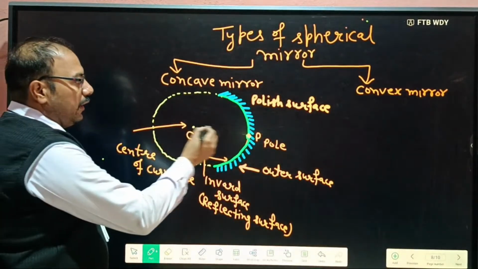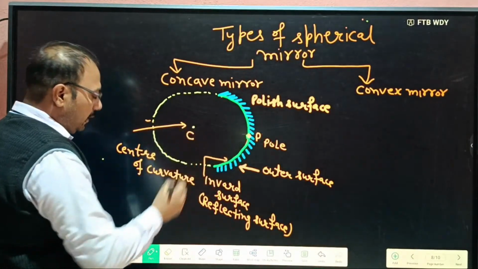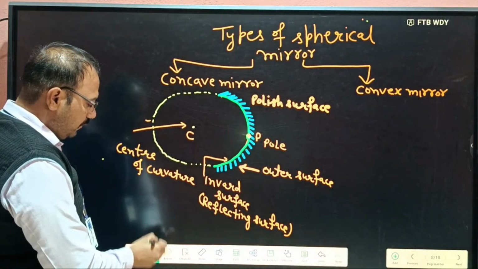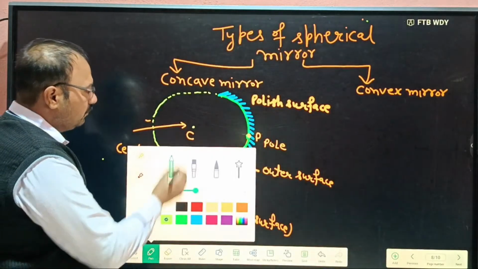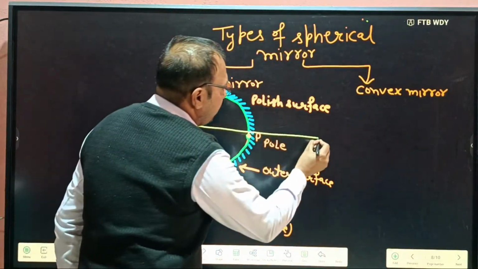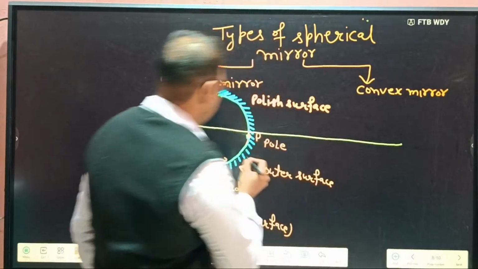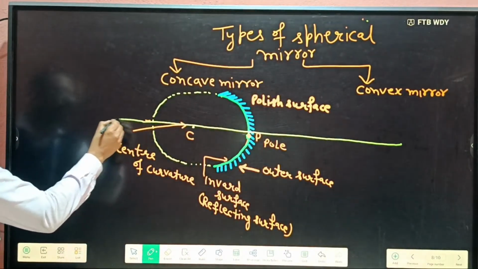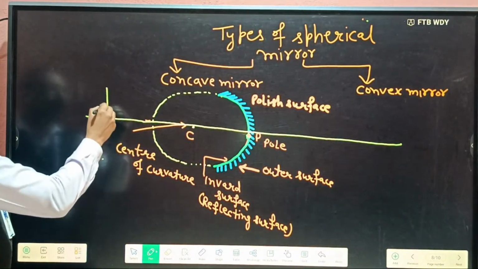We join the pole and C with a line which passes through the pole. So this line is known as what?